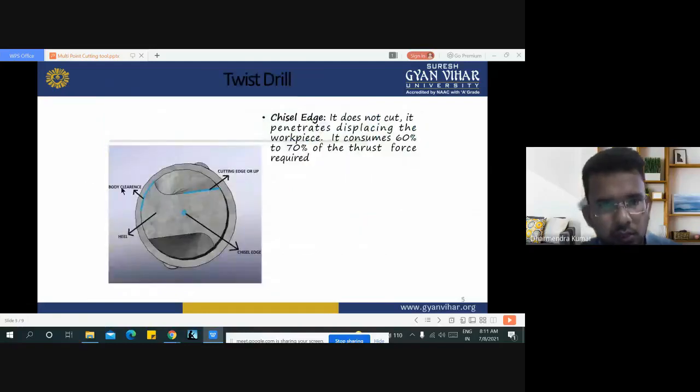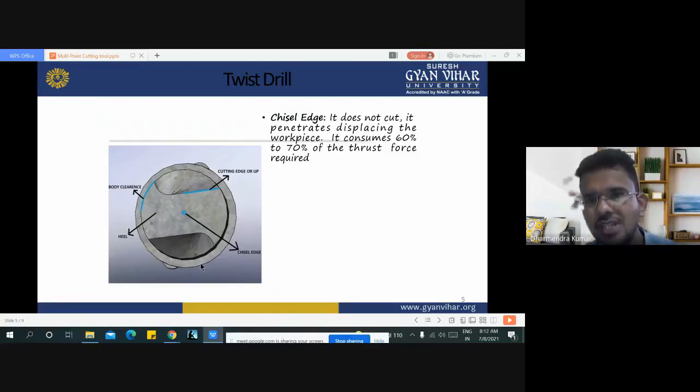This is also a view of the twist drill. This is known as the chisel edge at the tip of the drill bit. This is the body clearance, the cutting edge, and this is known as the heel. Chisel edge: it does not cut, it penetrates, displacing the workpiece.